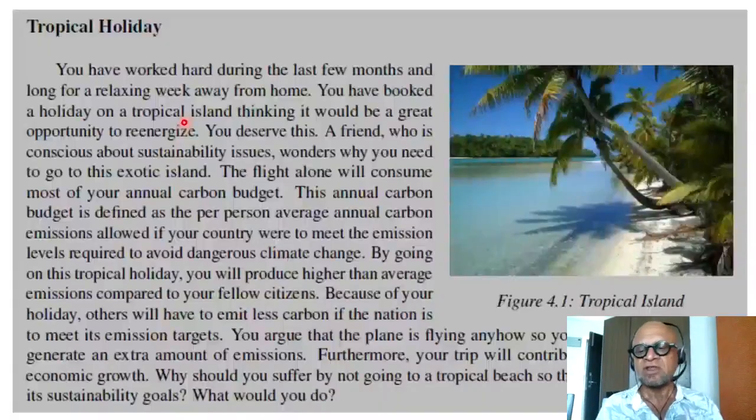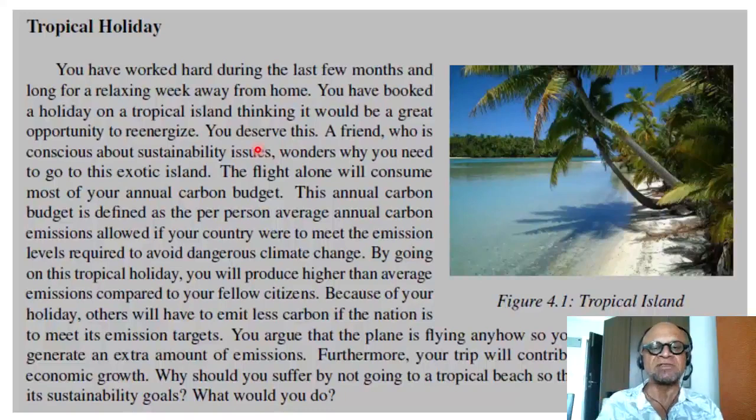Okay, so let's start with an example. Tropical holiday. You have worked hard during the last few months and long for a relaxing week away from home. You have booked a holiday on a tropical island thinking it would be a great opportunity to re-energize. You deserve this. A friend who is conscious about sustainability issues wonders why you need to go to this exotic island.